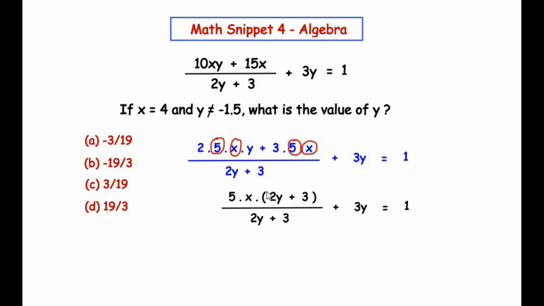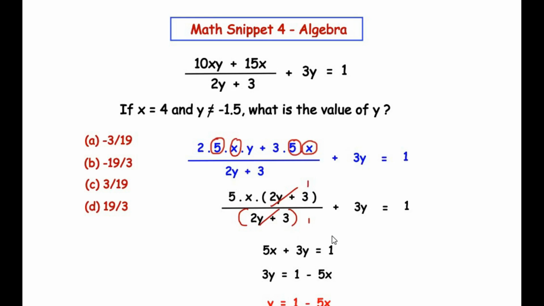So it becomes 5x times 2y plus 3 divided by 2y plus 3 plus 3y equal to 1. Now the denominator 2y plus 3 and the numerator 2y plus 3 can be divided by each other. So here this is 1 times and this is also 1 times. So this equation simplifies as 5x plus 3y is equal to 1.